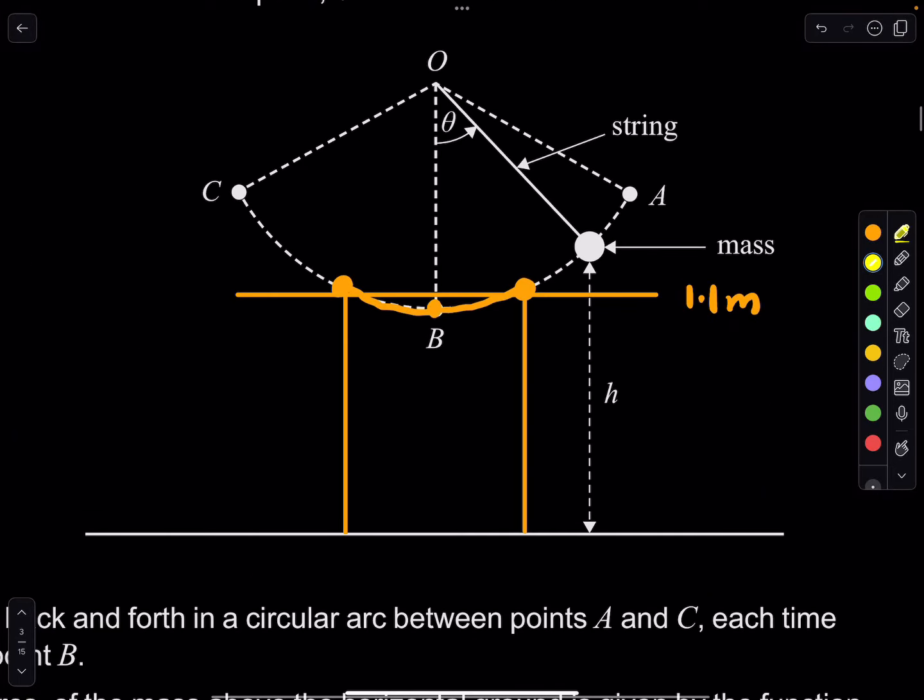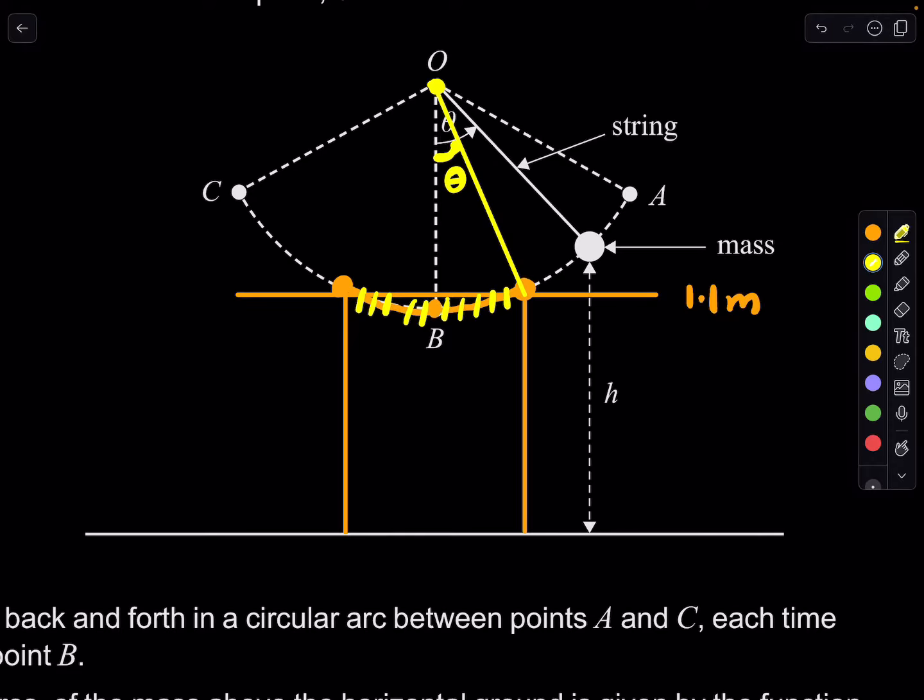So if that was 1.1, these values here are less than 1.1. This is where the height is less than 1.1, and we want to find the values of theta. That's quite easy. When is theta what? We just need to find its angle.